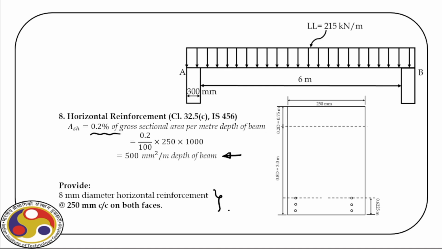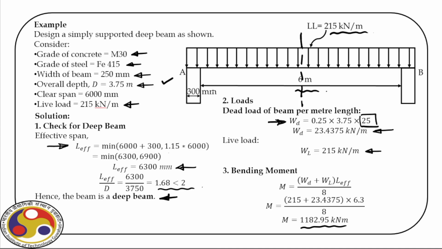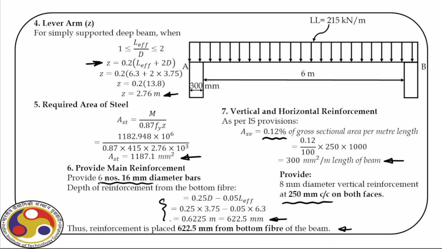Now, if you go back, we have used unfactored moment here. So you can provide a factor of 1.5 because this is the unfactored UDL. So in that case, this moment will be 1.5 times, and then the steel will be Ast times 1.5.